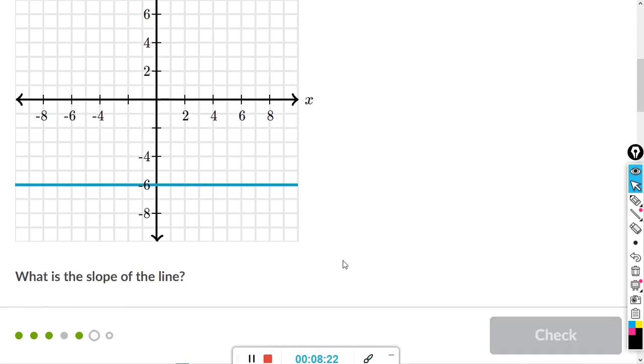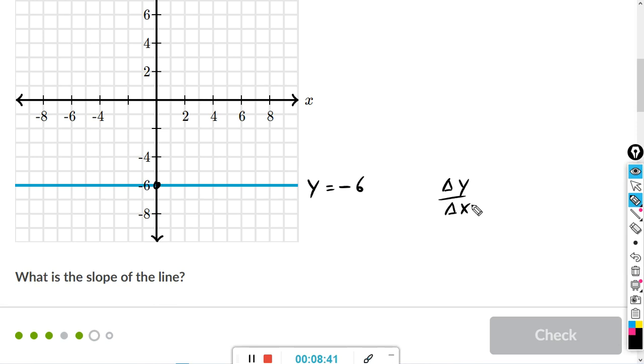Okay, here they're asking what is the slope of the line. This is the y-axis, and the line goes through y equals -6. Slope is change in y over change in x, but y does not change.